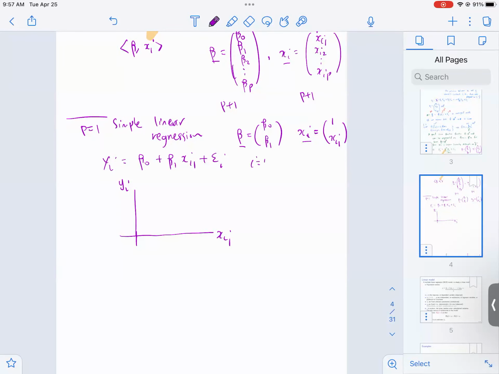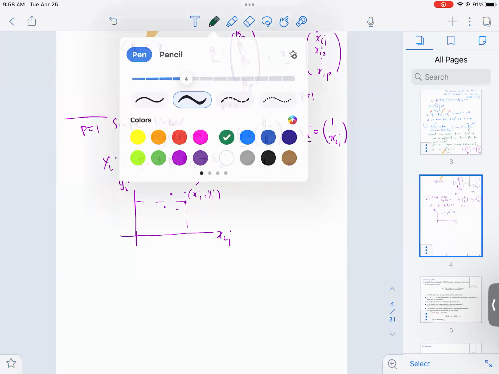You have i from 1 to n, and you just plot points, pairs of xi1, yi. I would have one point here with xi1 and y1. I plot that, and for another i I would get something like that, maybe that. So there's going to be some line here.